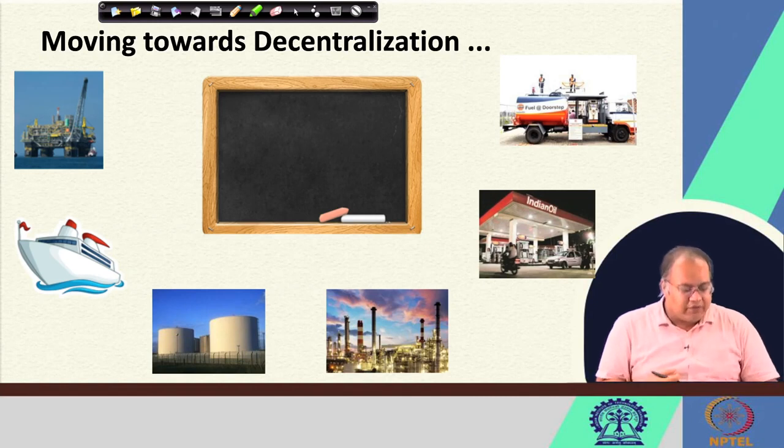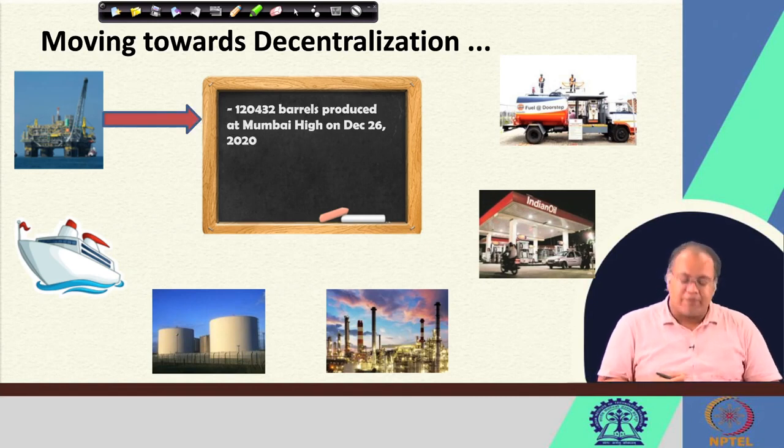So, whenever some crude oil gets produced, the corresponding stakeholder puts up information on the blackboard saying that 12042 barrels were produced on Mumbai High on December 26, 2020. After this production has happened, then comes the distributor.